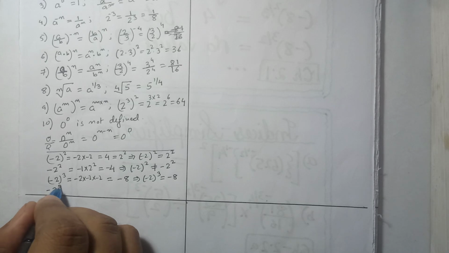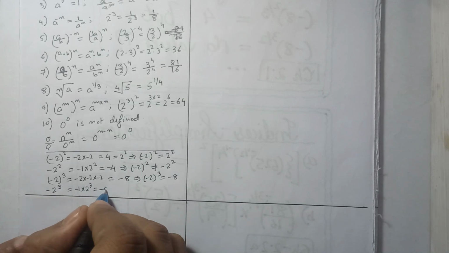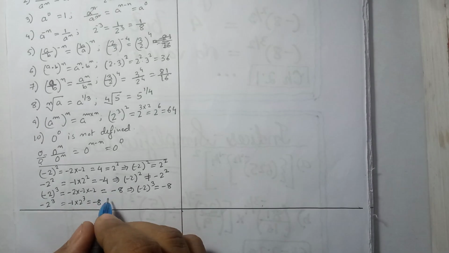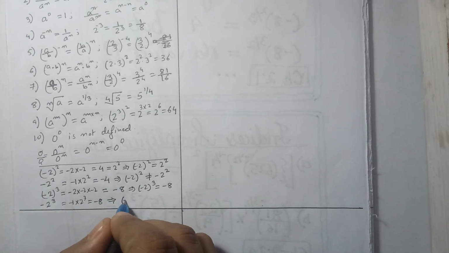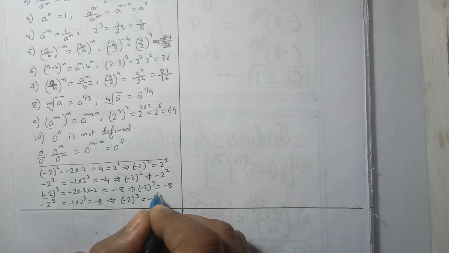If we have minus 2 cube, so it is minus 1 into 2 cube, which is also equal to minus 8. Correct? So this is going to give you minus 2 whole cube is equal to minus 2 cube.